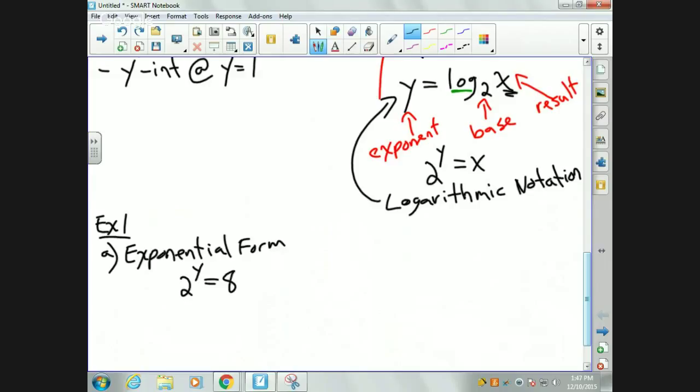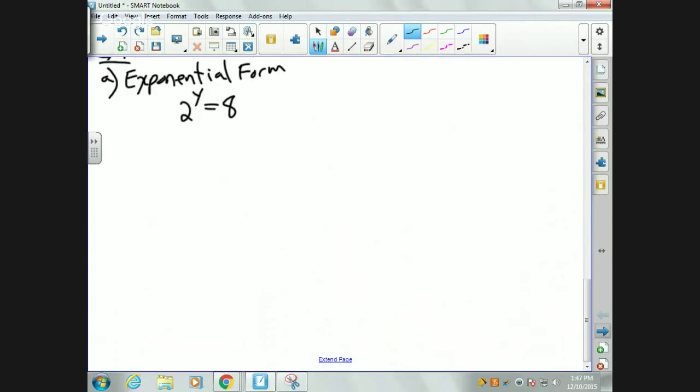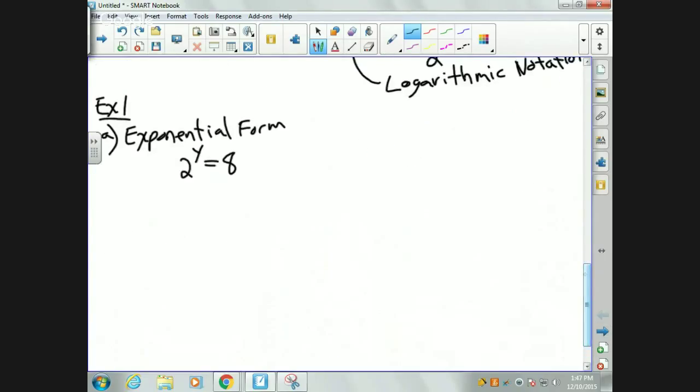So here's a sample of an equation written in exponential form. This is a form that you've seen before. Might not be your favorite form of an equation, but it's one that you've seen before.